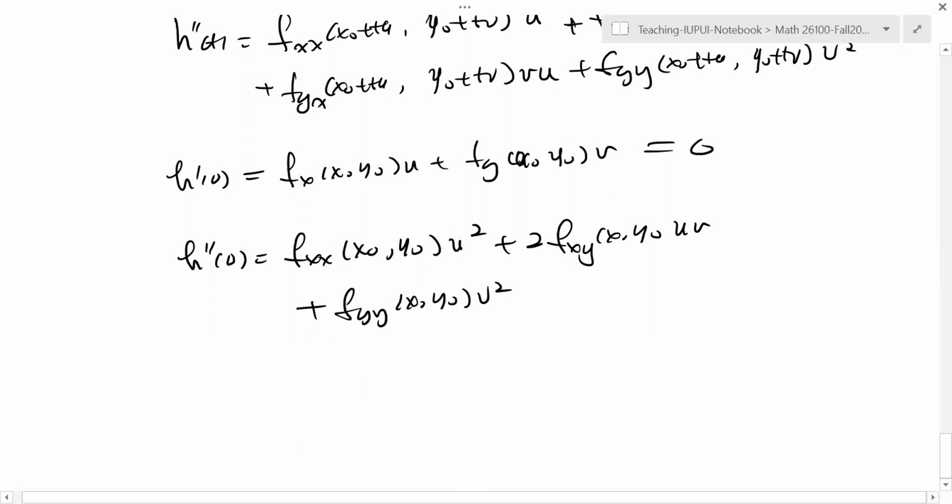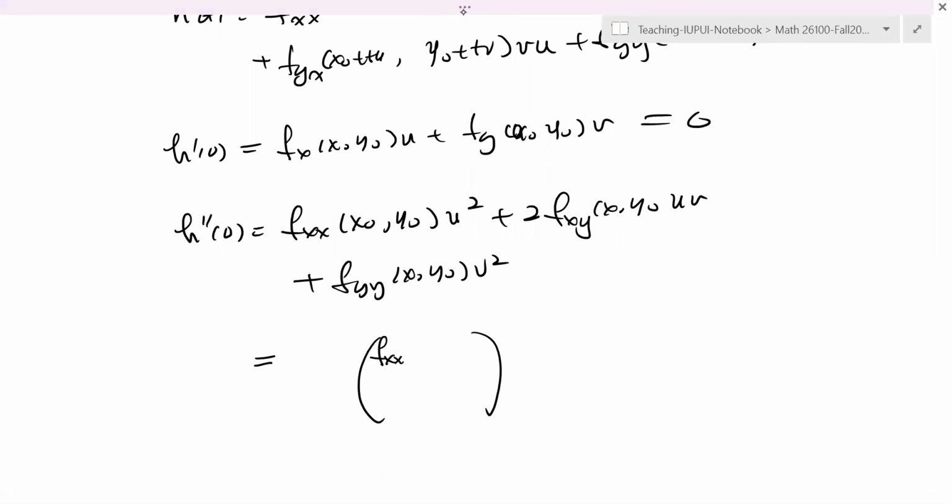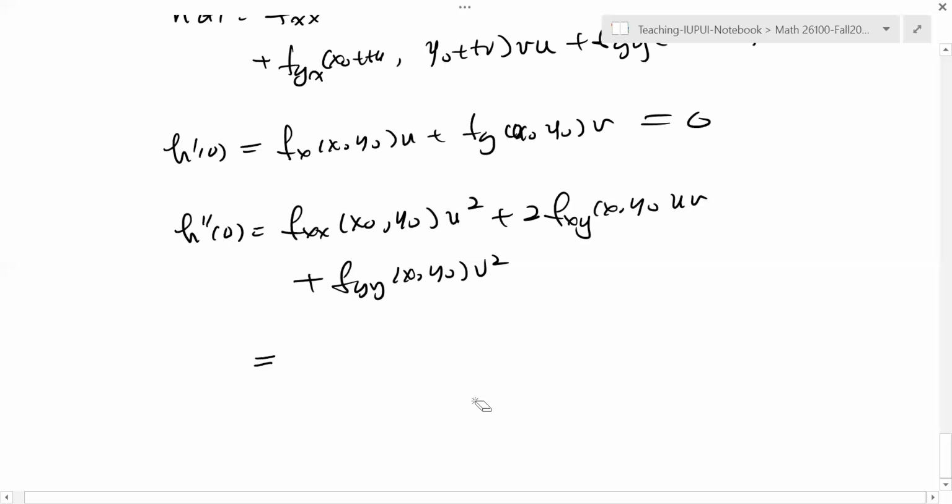But I want to express it using matrix form. Okay, using matrix form, I got fxx, let me use the matrix. If you took Math 171, you're familiar with this notation.